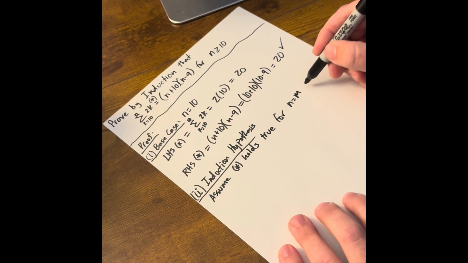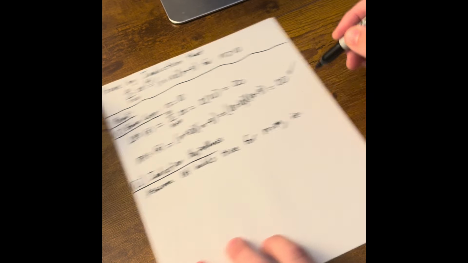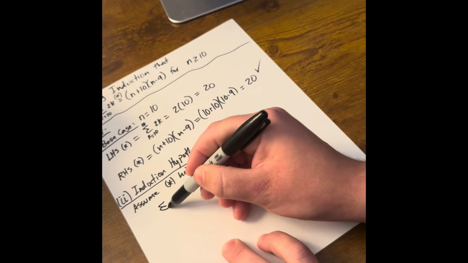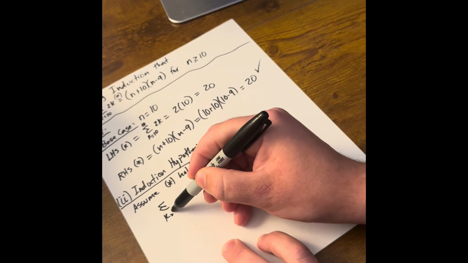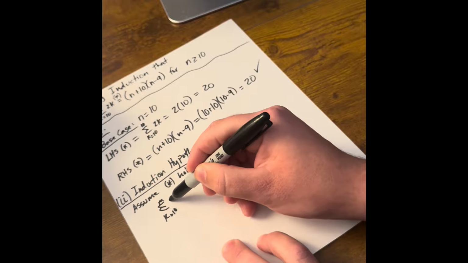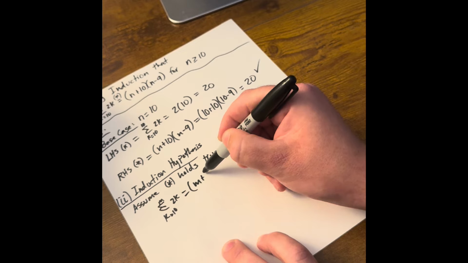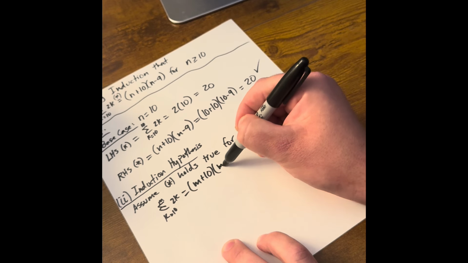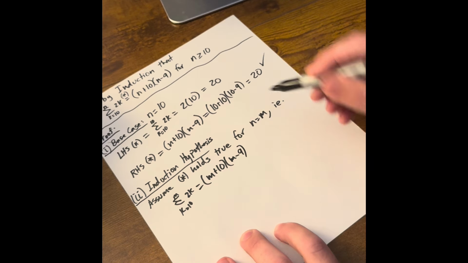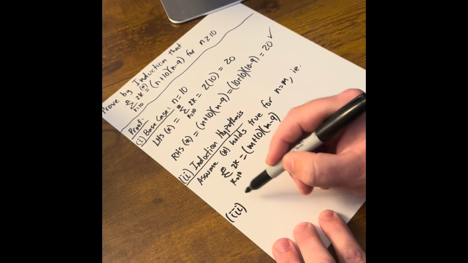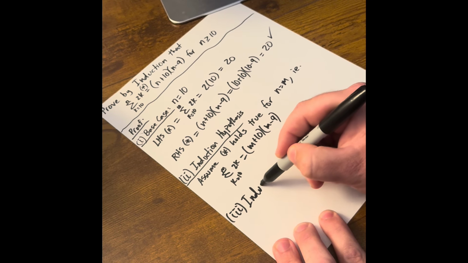Okay? That means that we have the summation from k equals 10 to m of 2k is equal to m plus 10 times m minus 9.